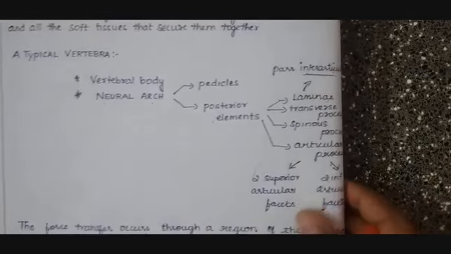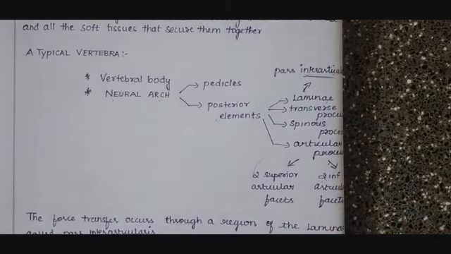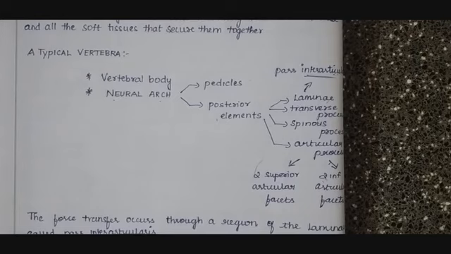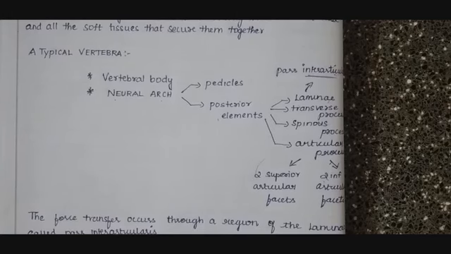The posterior element consists of four important structures: laminae, transverse process, spinous process, and articular process. There are four articular processes: two superior articular processes and two inferior articular processes. These are the structures present in a typical vertebra.